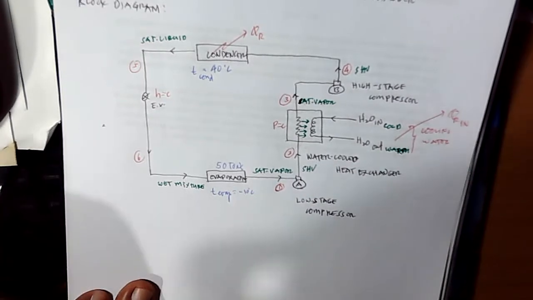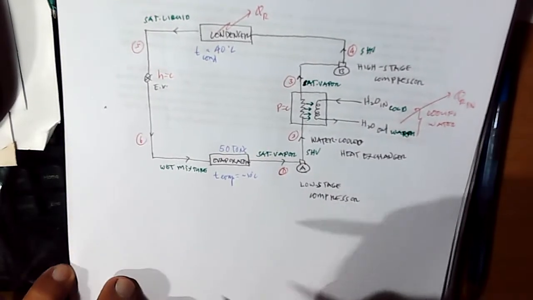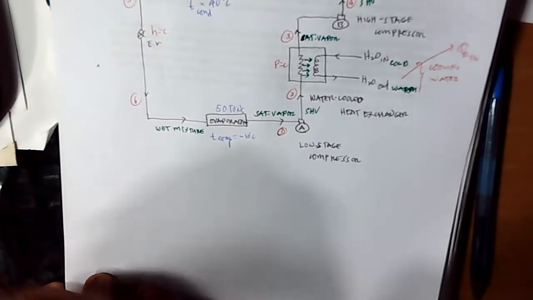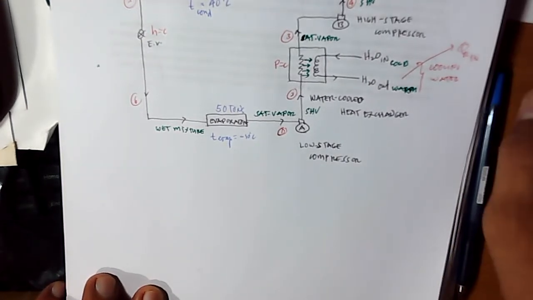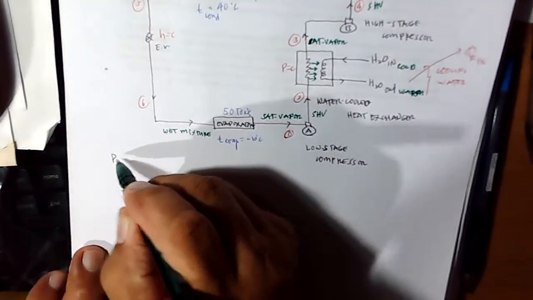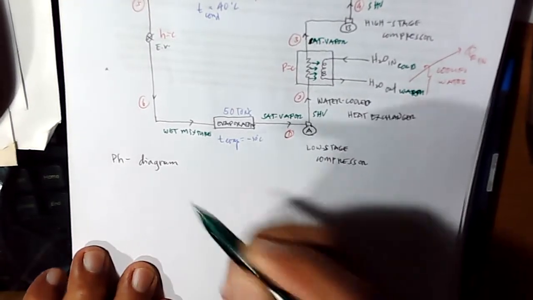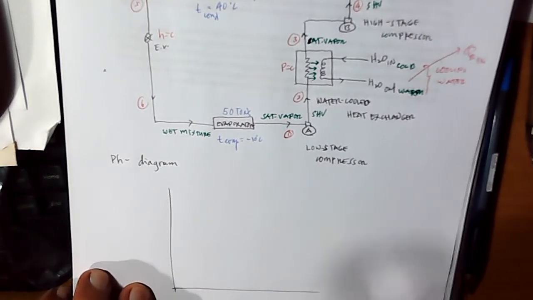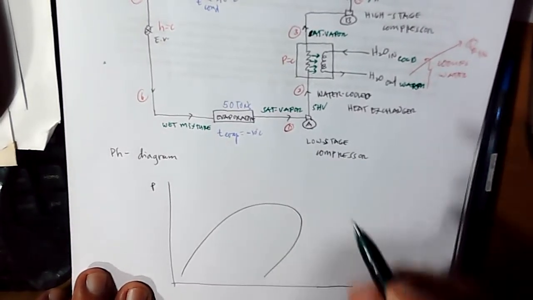So using this data, we will try to draw first the pH diagram of the system. Let us use ammonia, NH3.